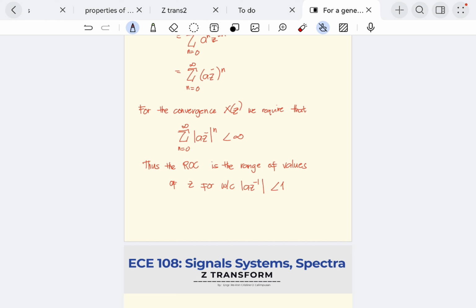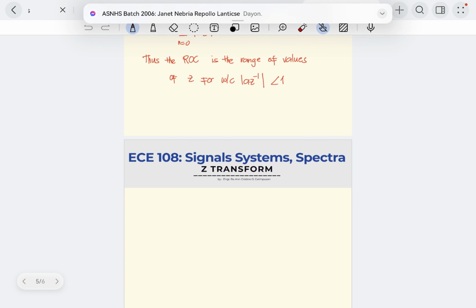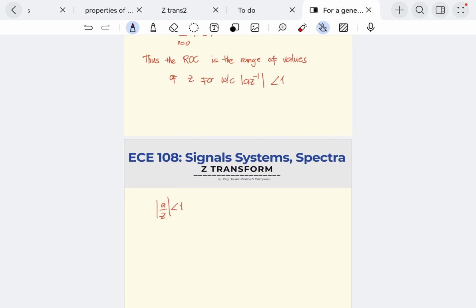Beyond it, it would diverge. It would not converge. So alpha over z must be less than 1, or alpha must be less than z, or z must be greater than the absolute value of alpha. So we have the region of convergence of the z transform.